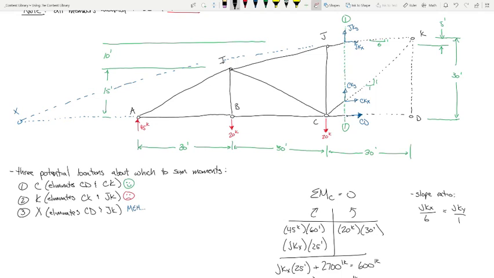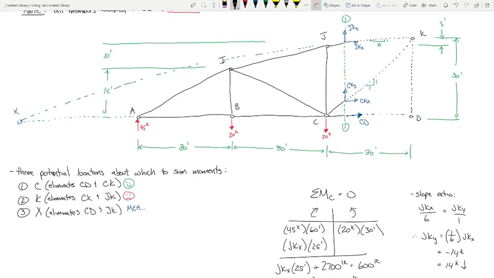So therefore, if I've got JKx, JKy is 1/6 of JKx, which is what? 14. Say it again? 14 kips. And it's negative 14. So 14 kips, in this case, going down. Make sense? All right. Any questions so far?